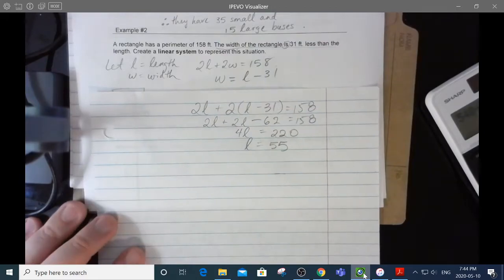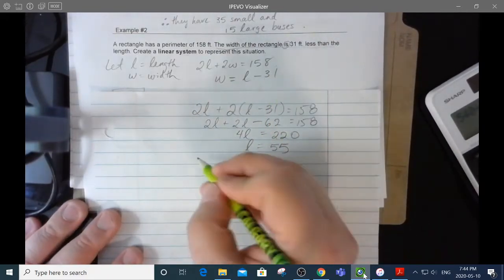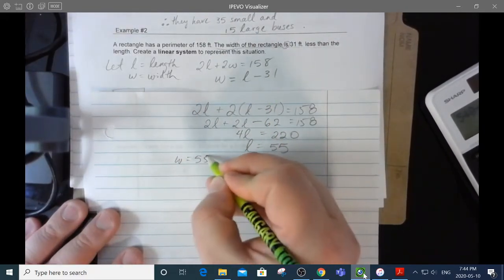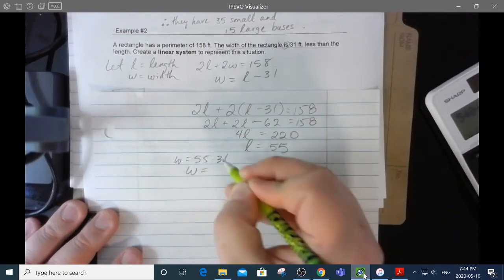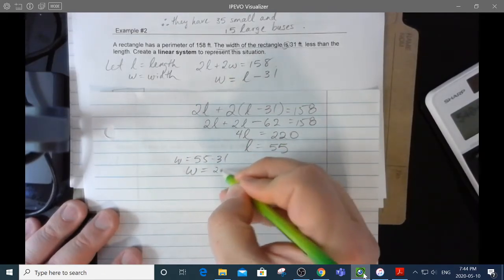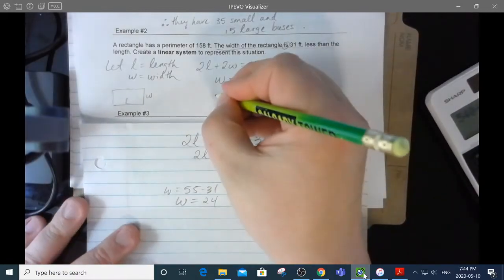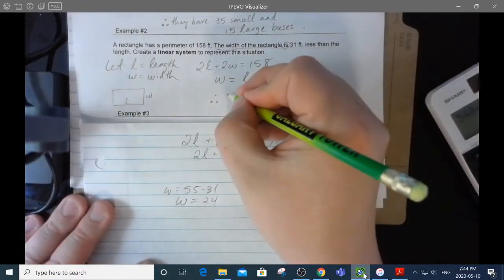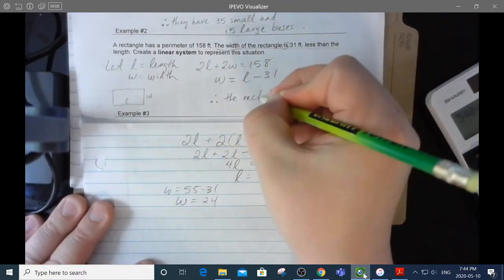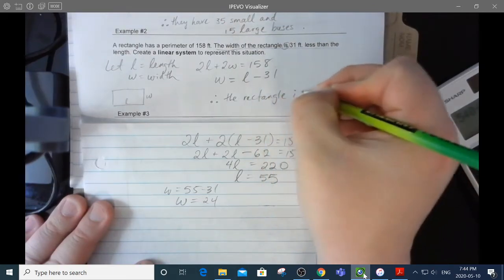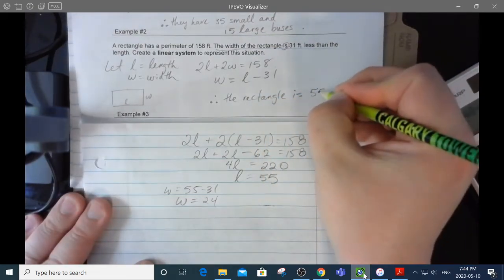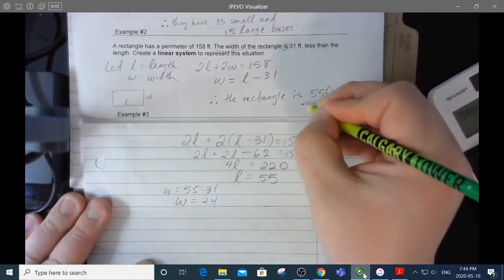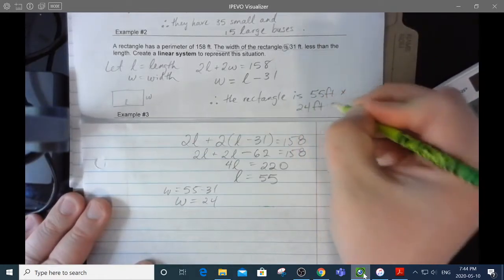So L is 55, which means that W is 55 minus 31, which is 24. So therefore the rectangle is 55 feet by 24 feet.